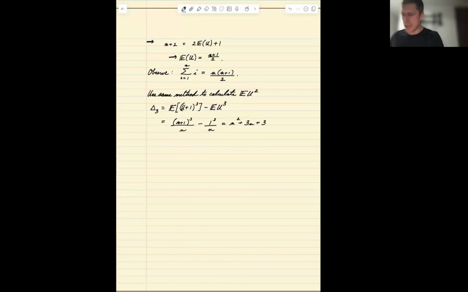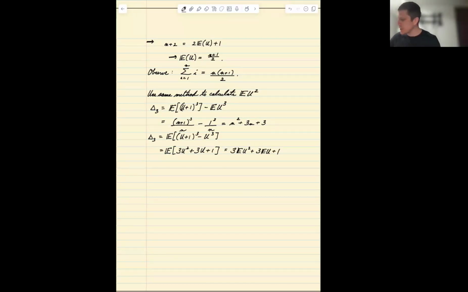But if we look at it a different way, we bring everything into the expectation. The U cubes are going to cancel, and we end up with 3U squared plus 3U plus 1. This is equal to 3 times the expectation of U squared plus 3 times the expectation of U plus 1.